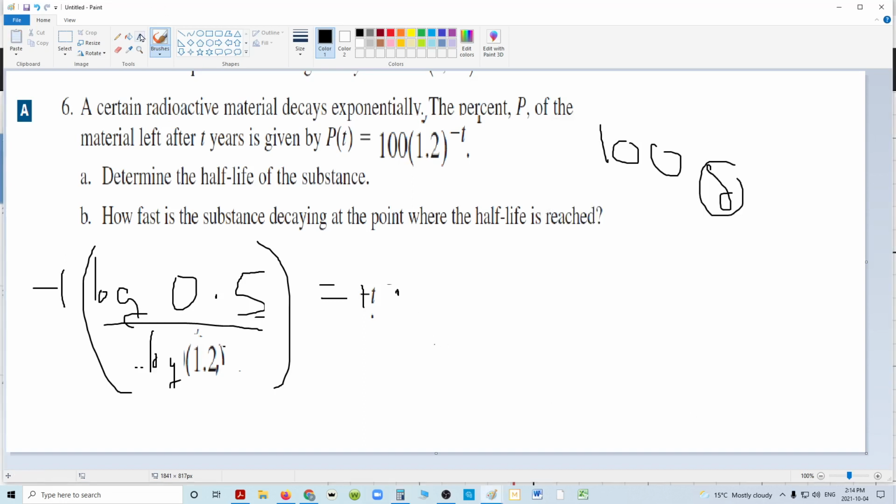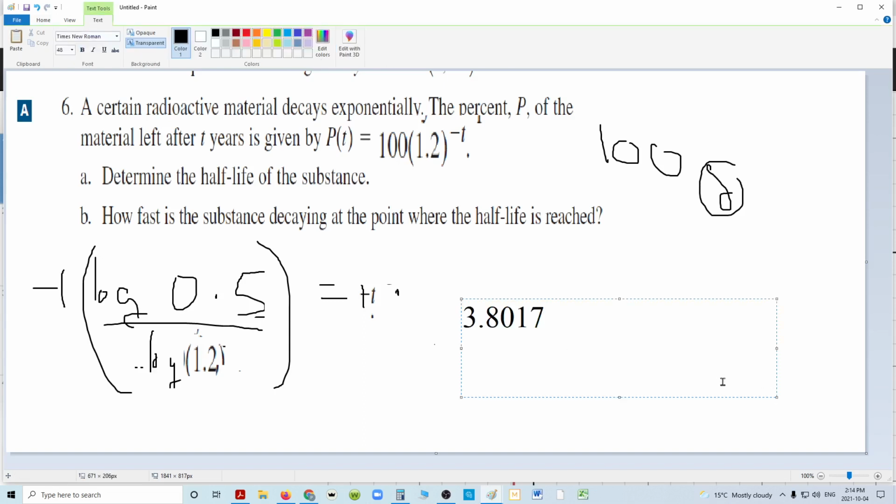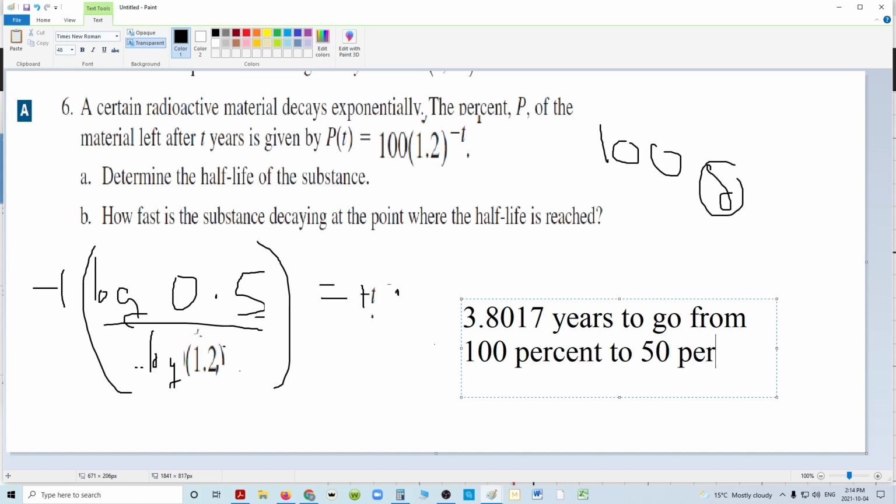So it's going to take this long in years to go from 100 grams or whatever it is to 50 grams, or 100%, since it's in percent, 100% to 50%. So that's my first answer. I think they're probably just going to round up to 4 years.